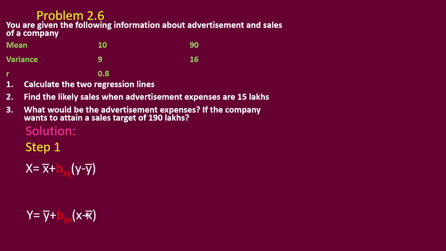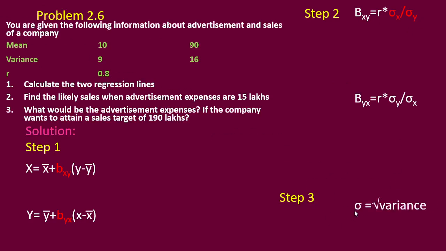So we take the regression equation formulas. So here we should find out bxy values. So here bxy values are r into standard deviation of x by y. So we should find out the values for standard deviation of x and y. They have given the variance from which we should find out standard deviation of x and standard deviation of y. So standard deviation equals to square root of variance.